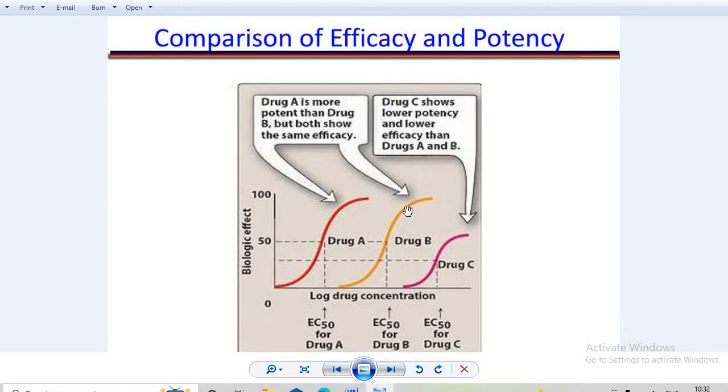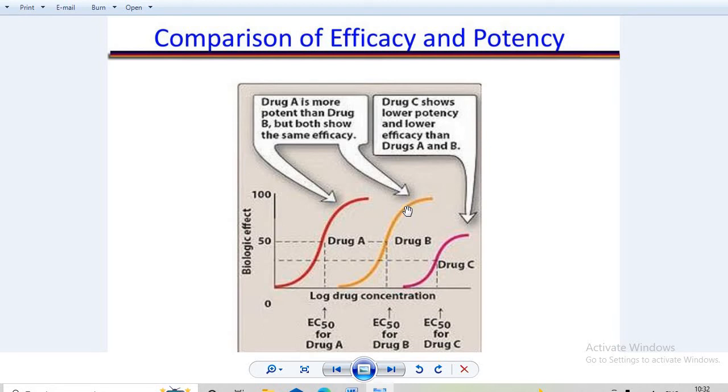So what does efficacy mean? The maximum biological response produced by any particular drug. I hope you are clear with my definitions of potency and efficacy.